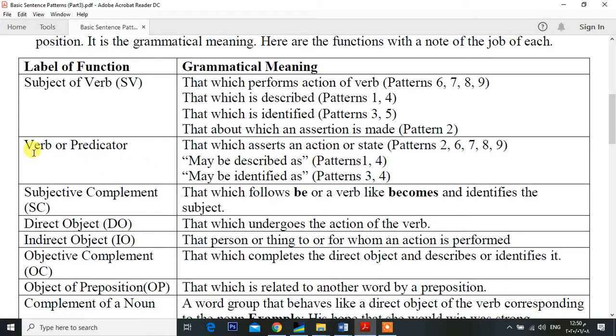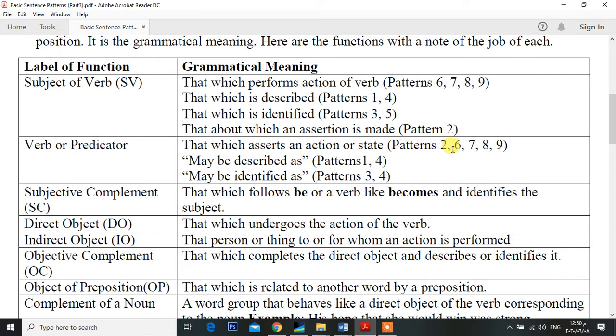Turn to the second one, verb or predicator. Here we have 3 options or 3 different functions. For example, that which asserts an action or state, found in pattern 2, 6, 7, 8, 9.